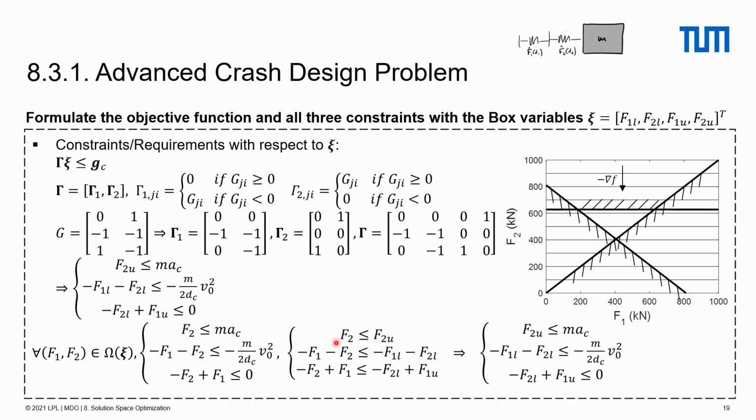If F2U, the maximum value of F2, is less than m times AC, then all F2 will be less than m times AC. So actually we just need this inequality to replace the original constraint, and the same for constraints 2 and 3. And this is the end of our derived constraints with the gamma.